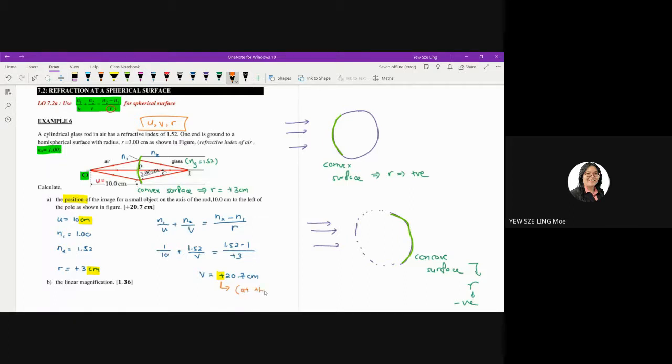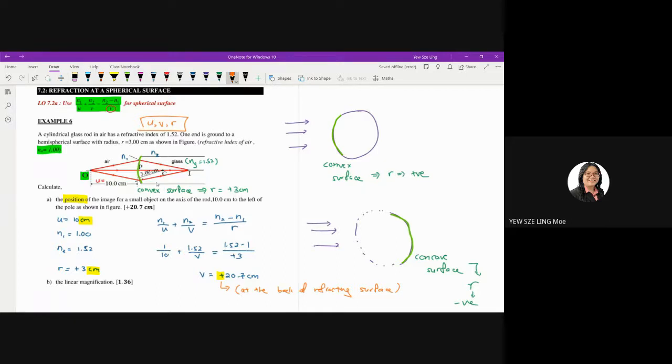At the back of the refracting surface. So that is how you determine. You look at the sign. If you get a negative sign, it means the image is on the same side as the object, which is in front of the refracting surface. Refraction involves a transparent material, and glass is transparent.